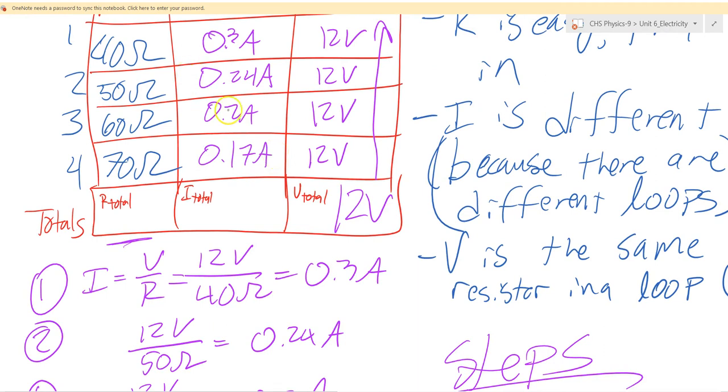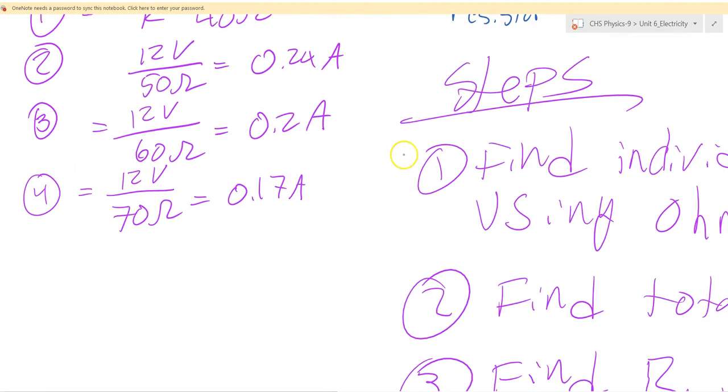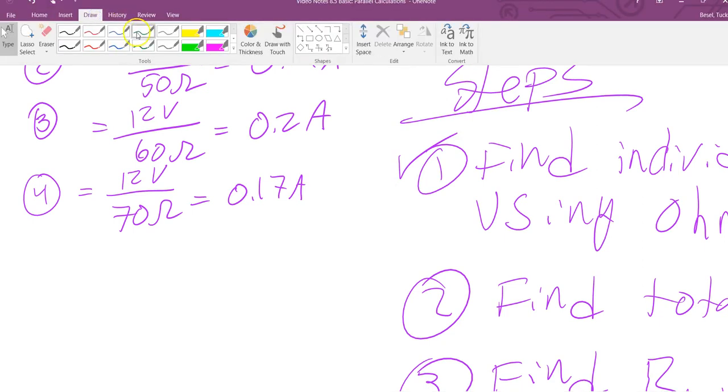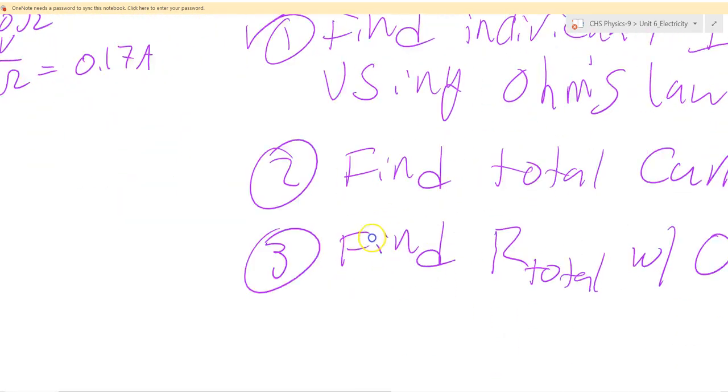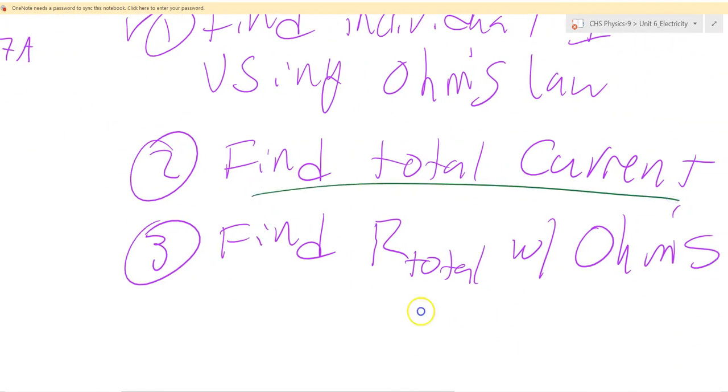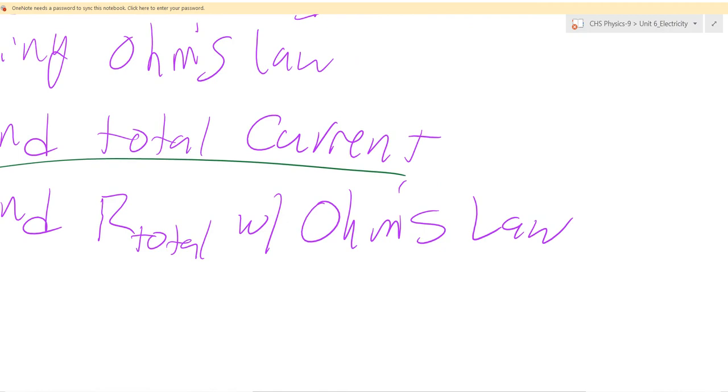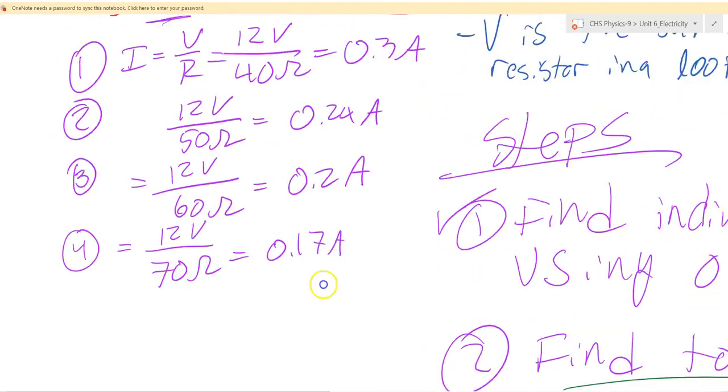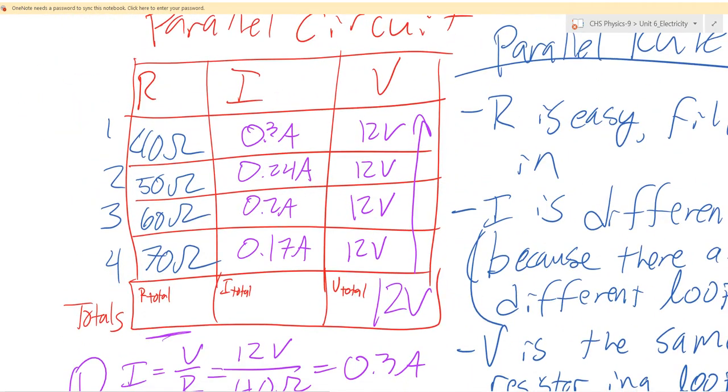Okay, so we've calculated all of this stuff. We've accomplished step 1. Now, we need to find the total current. To find the total current, you're just gonna add them up. In the series ones, we added up the voltage.